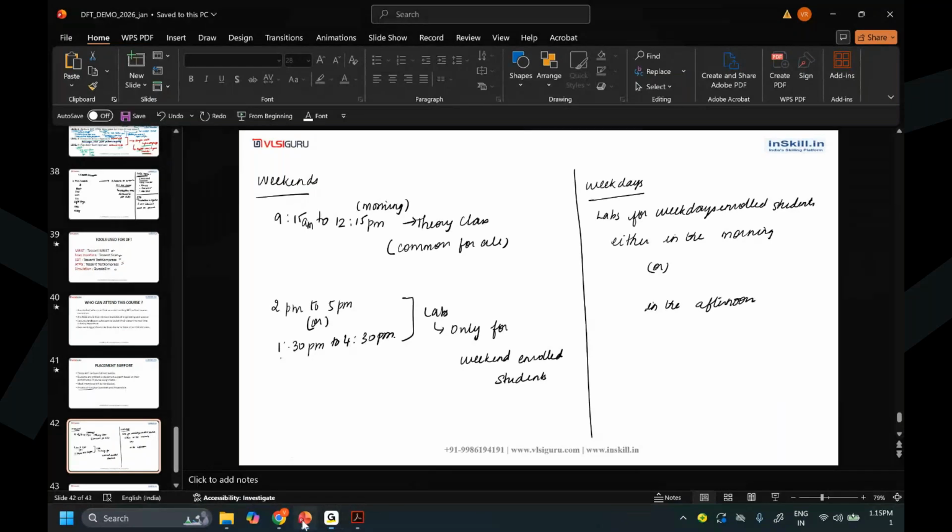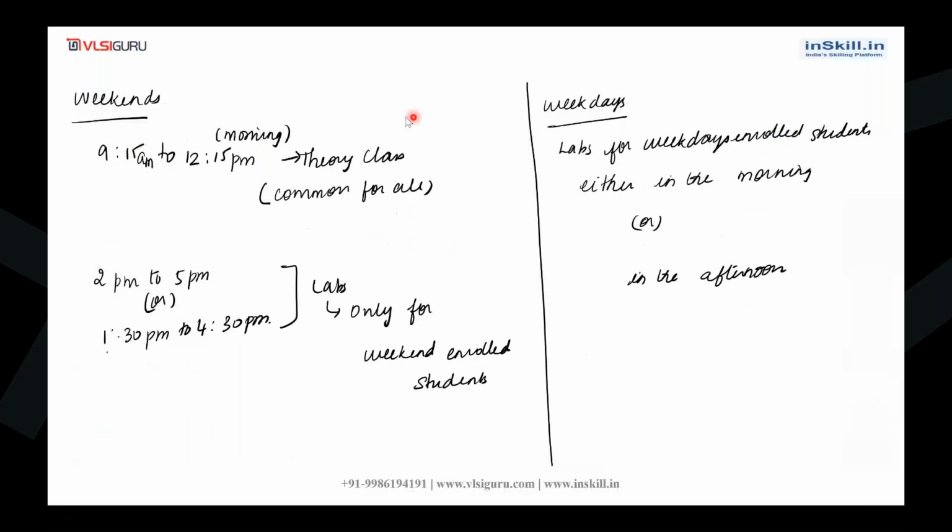Yes, as of now, the theory sessions are conducted only during the weekends, and lab sessions are conducted separately. For weekend-only students, separate labs will be there. For weekday students, the labs will be conducted separately during the weekdays. As of now, the schedules are posted like that.